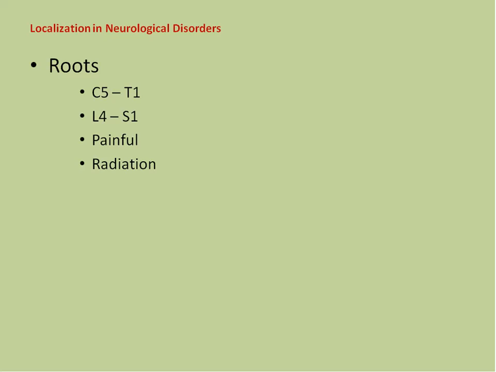And one more thing typical with roots is that each root has a group of muscles, myotomes, which are involved. Each root, C5, C6, C7, has its own specific muscles. Like C5, on examination, you'll see deltoid involvement.